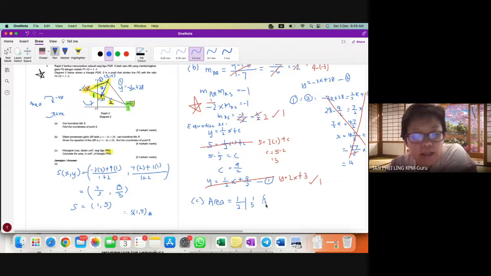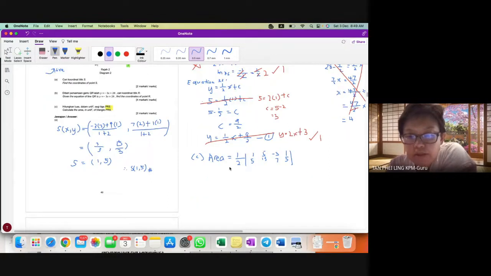Then I'll go on with negative 3, 7, which I don't like, and then I end again with 1, 5. So remember the shoelace method. Just half and then one direction all multiplied, minus the other direction. Remember that.